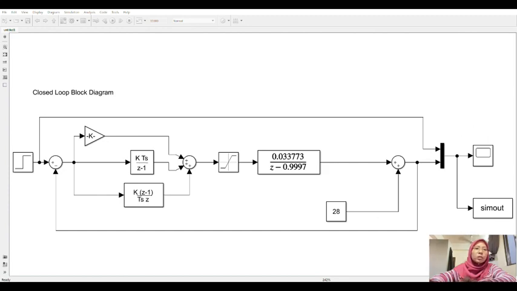So also we could know the settling time with the cursor. This one you need to put somewhere here, and then we could get like this.